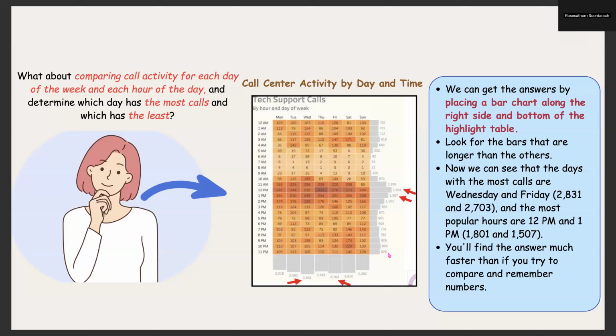Now you can see that the days with the most calls are Wednesday and Friday, and the most popular hours are 12 p.m. and 1 p.m. So you will find the answer much faster than if you try to compare and remember the numbers. So this is a trick.